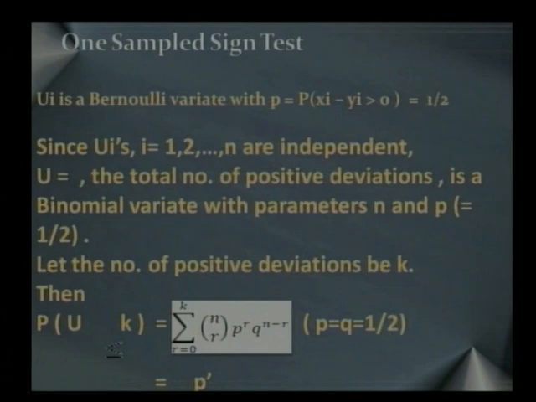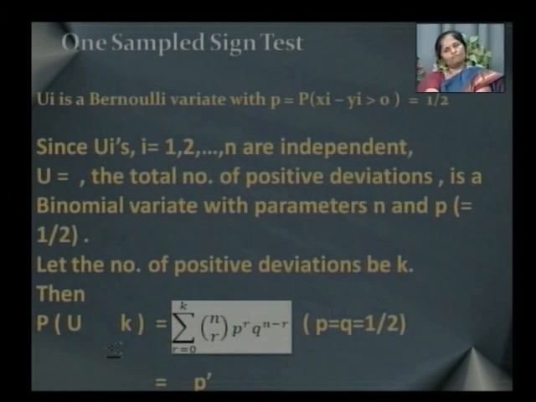Here n is the number of observations and p equal to 1 by 2 is the probability of a positive deviation or positive sign. Let the number of positive deviations be k.